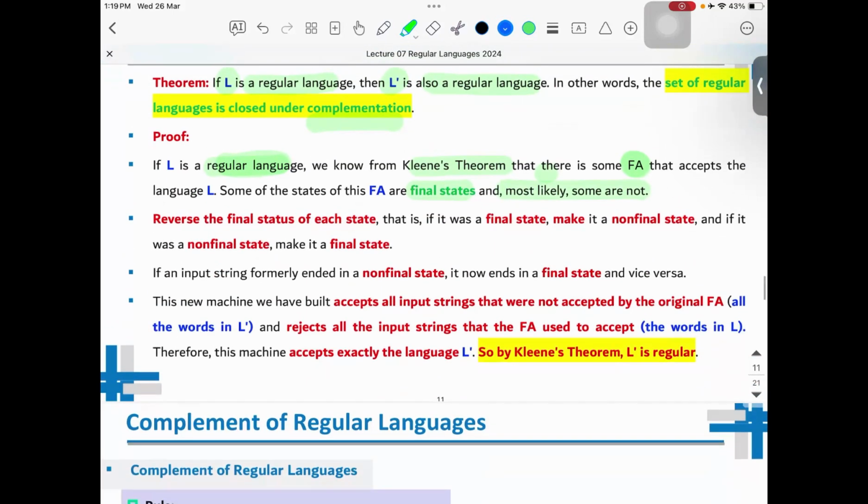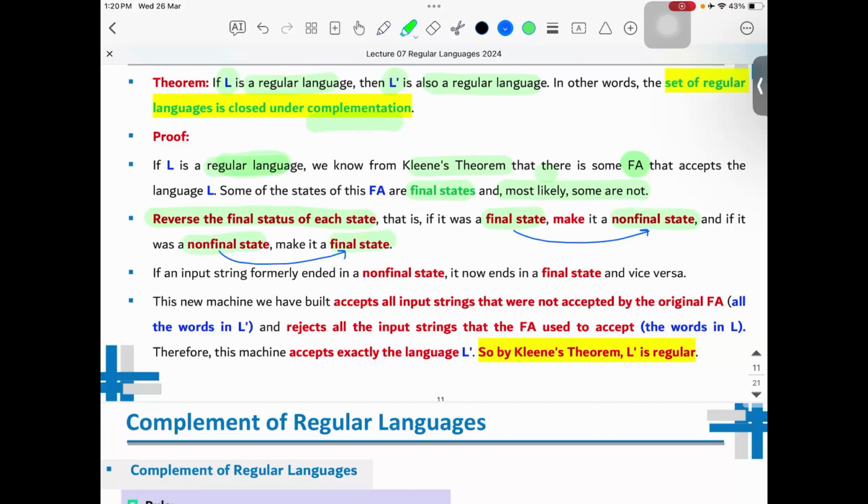If we want to take the complement, there are some steps. First of all, reverse the final status of each state. It means that all the states that are final, you have to make non-final, and all the states that were non-final, you have to make final. We will see in the example, inshallah.